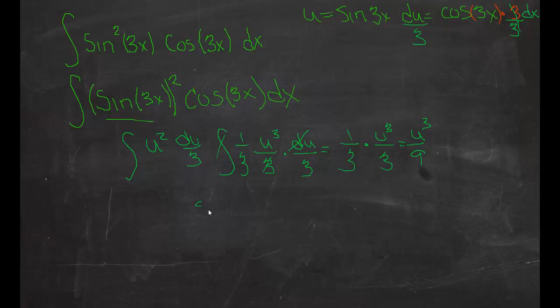So we have sine 3x, and then we have a 3 here, all over 9. And then we also have to add c, which is indicating that this is an indefinite integral.